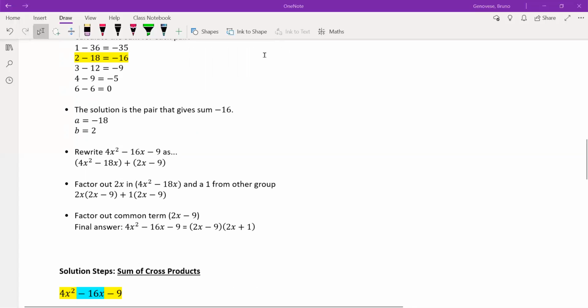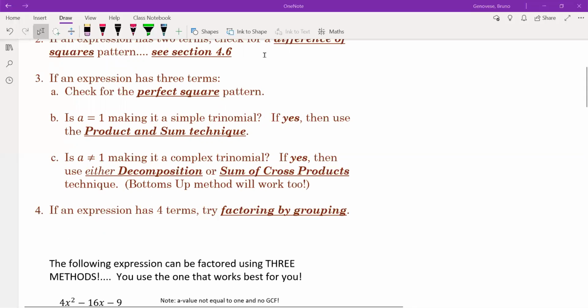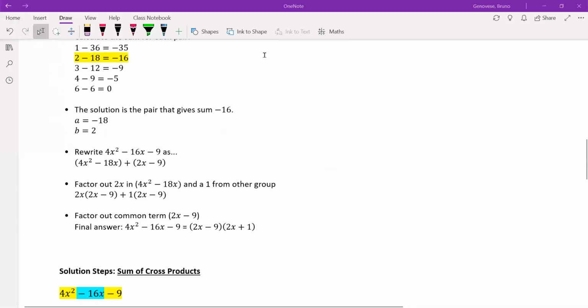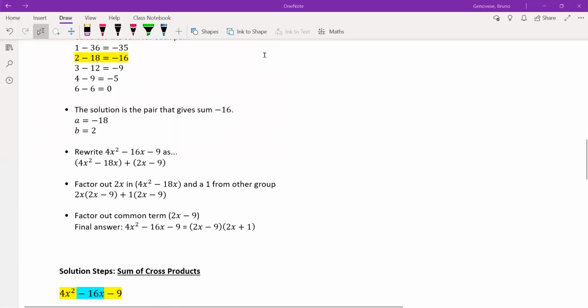So you rewrite your expression, decomposing the negative 16x into the two separate terms. The brackets are simply there to maintain focus so that you can do this factoring by grouping. You group the first two terms and you group the second two, and that's what I was referring to earlier when I was talking about factoring by grouping. So now you have four terms in the expression, two and two added together.